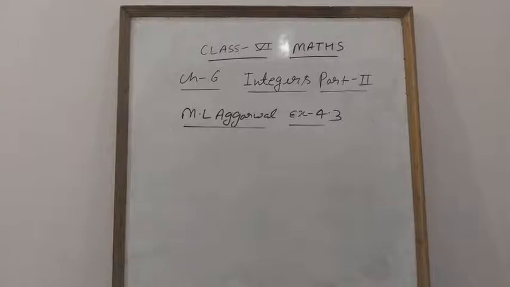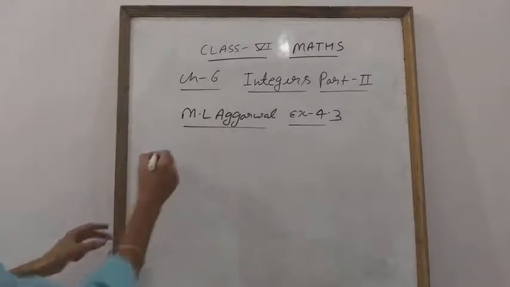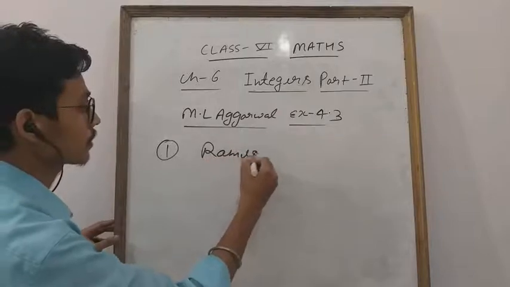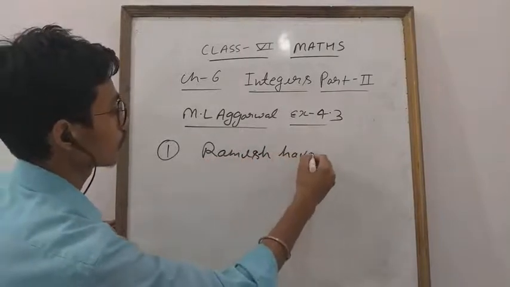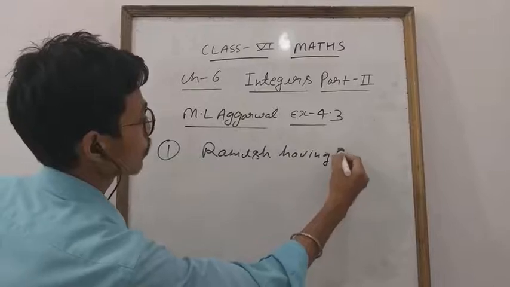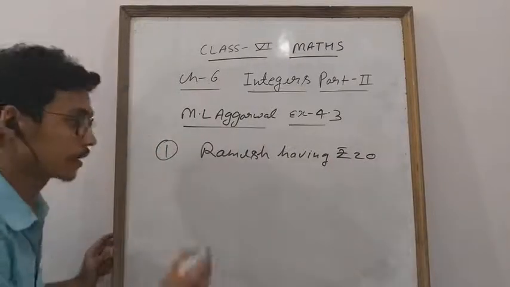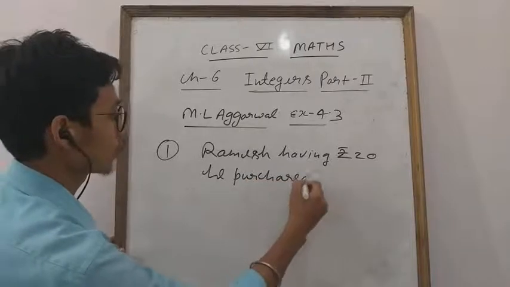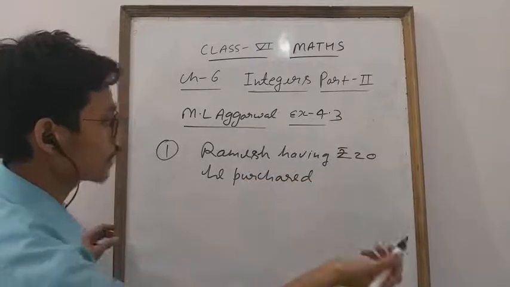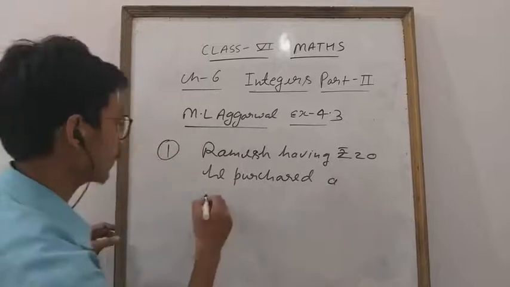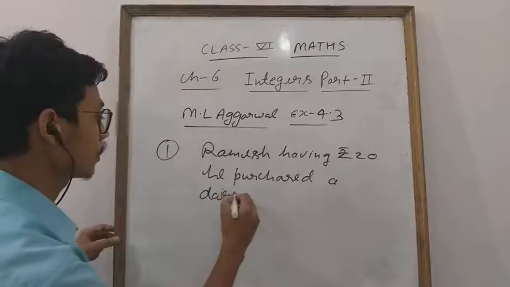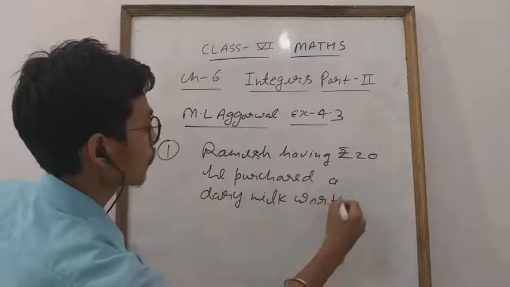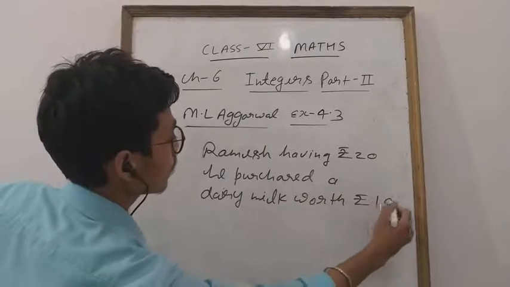If it is given, student, like Ramesh having 20 rupees, he purchased a dairy milk worth rupees 10.